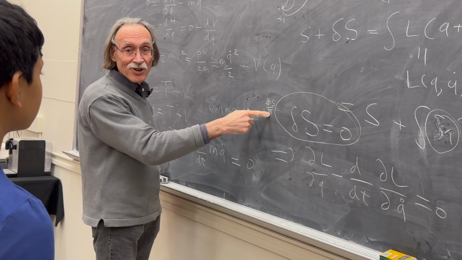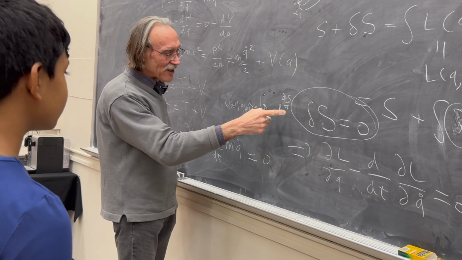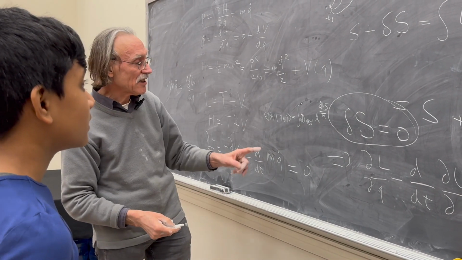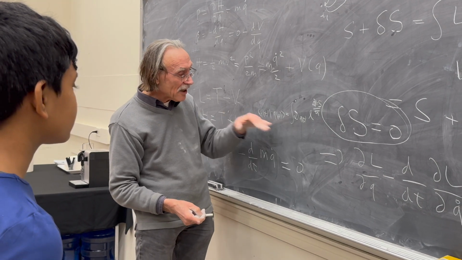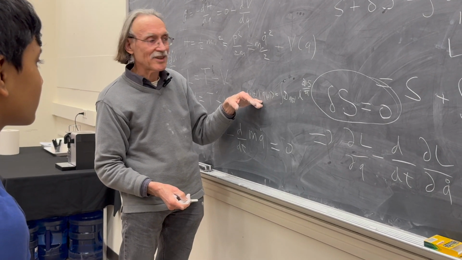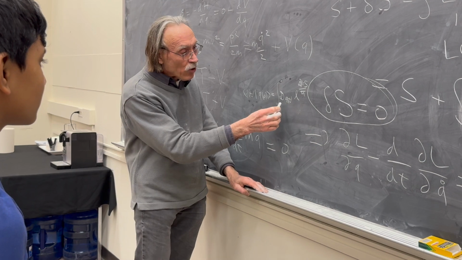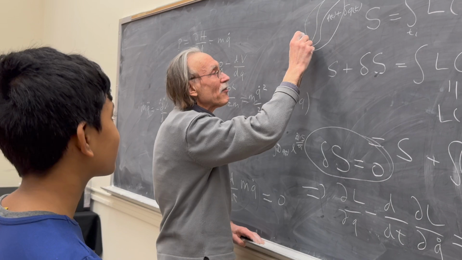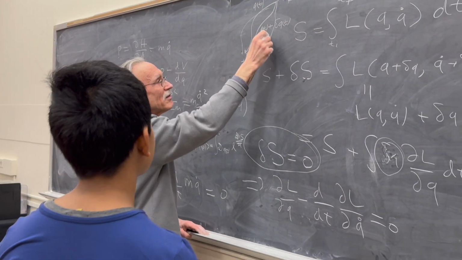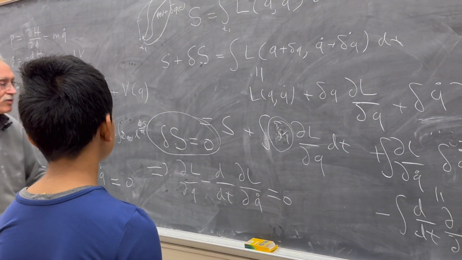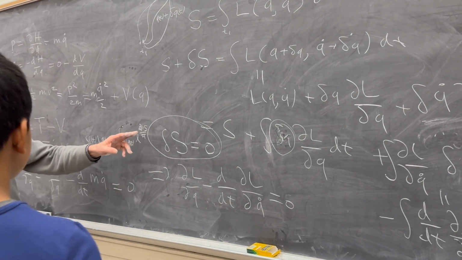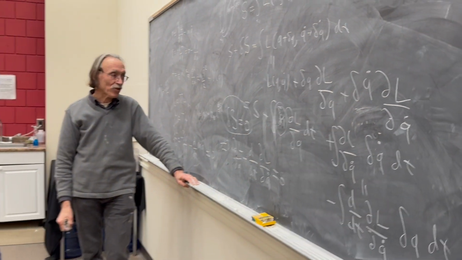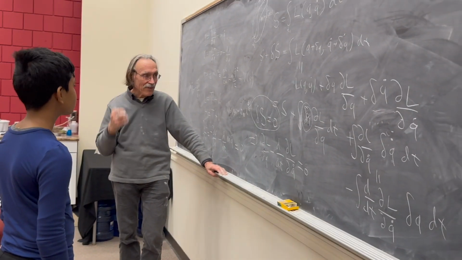And h bar is a constant of nature. It's very small. And S is the same action as that. And this gives the correct quantum expression. And I integrate here over all possible trajectories, over all possible paths. They don't have to be differentiable. So I integrate over all possible paths, and this gives the correct quantum result.